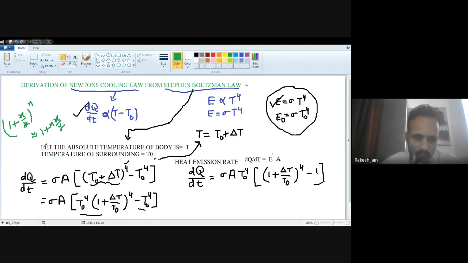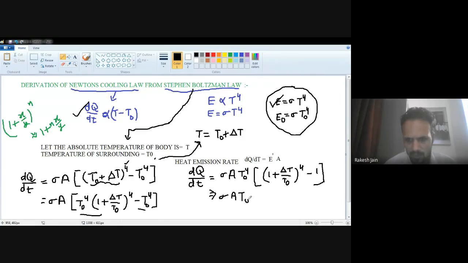Or instead of x upon y, if you have any smaller value, 1 + x only, raised to the power of anything, let's suppose n, then we can write that as 1 + nx if the effect of that x is very small. So by using that rule, we can write it down. If you have any confusion related to this rule, we will talk about it after the completion of the lecture.